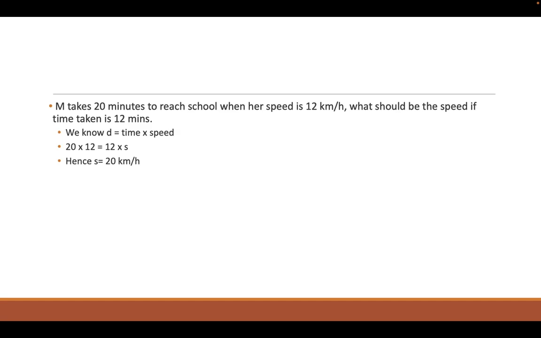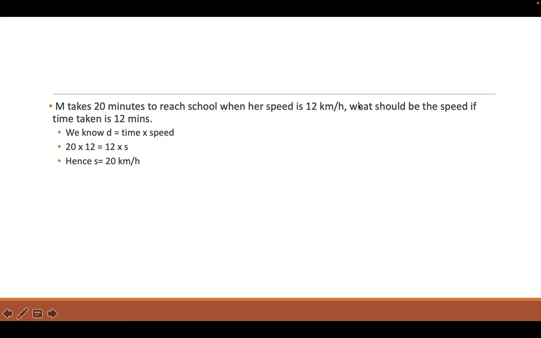Examples. In this example, m takes 20 minutes. So just understand the problem and then figure out how using these proportions we will solve it. M takes 20 minutes to reach school when speed is 12 kilometers per hour.